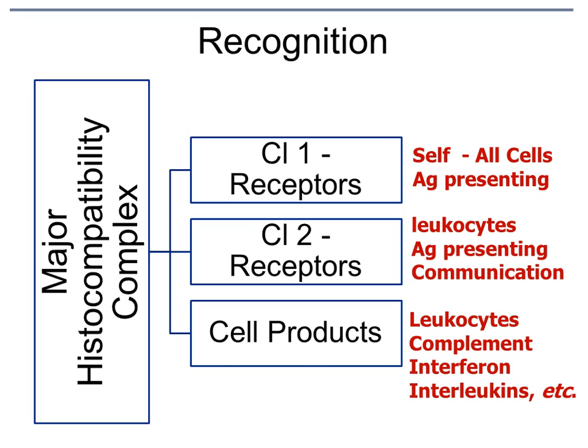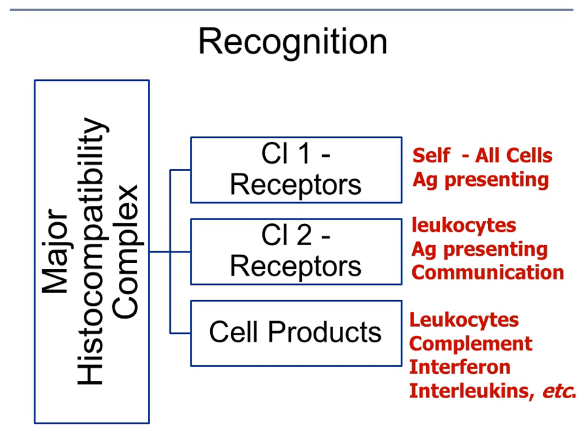So, how does a macrophage know what belongs versus what doesn't belong? Let's pretend a macrophage is cruising through my body right now, or it's hanging out in a lymph node and it's checking out the lymph as it moves by. Everything that macrophage would come into contact with, it would essentially chemically check to see if there's a class 1 receptor. If a class 1 receptor is there and it matches, the macrophage interprets that as belonging.